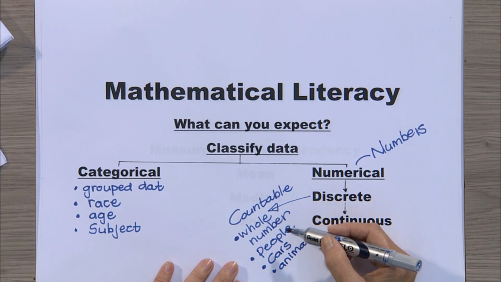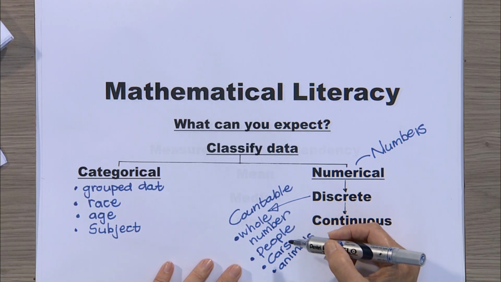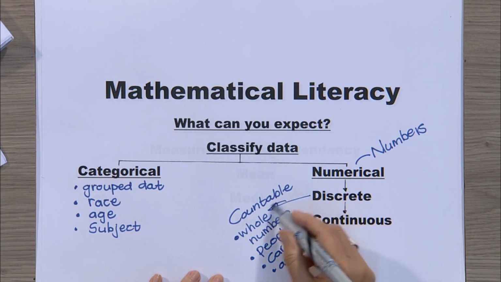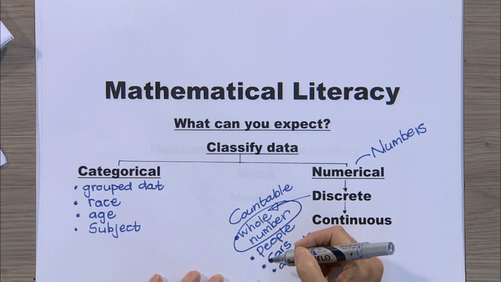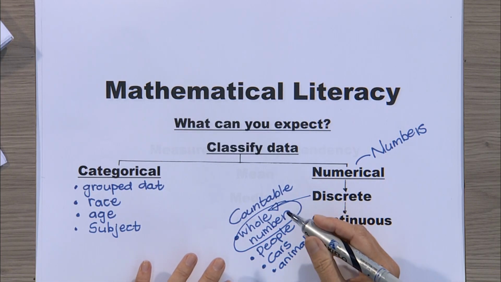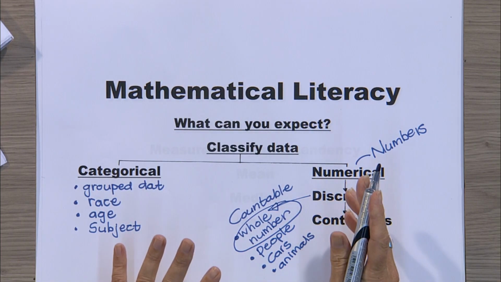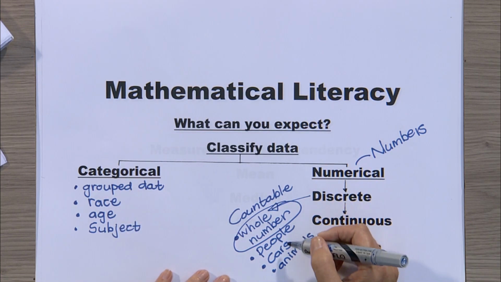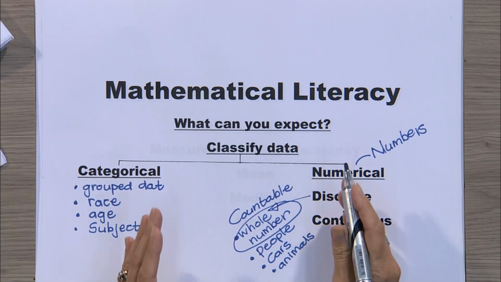You can't get half a person or half a car or half an animal. So it is all whole numbers. In other words, they are countable. There is this number of dogs in your house, this number of people in the school, or that number of cars parked in the car park. They are all countable and they are all whole numbers. So that is discrete data.